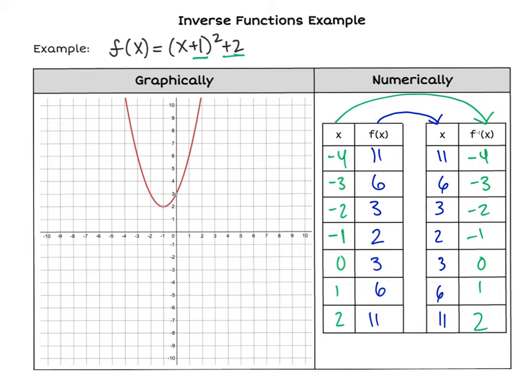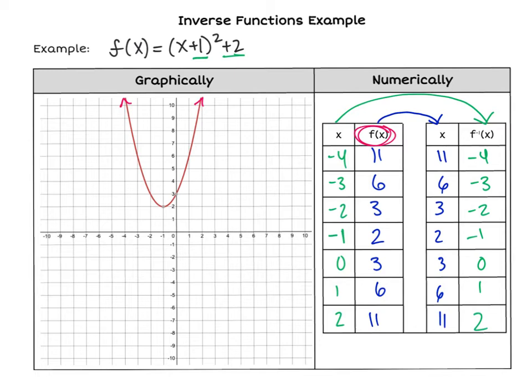Now, how about if I'm given a graph? Or if I'm given the function, I can graph the original function in the same way as we just kind of did these tables. So if you look, the f of x function is the same as the graph I'm originally given. And I have those same values for those points.